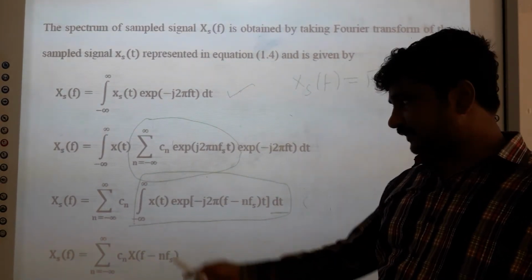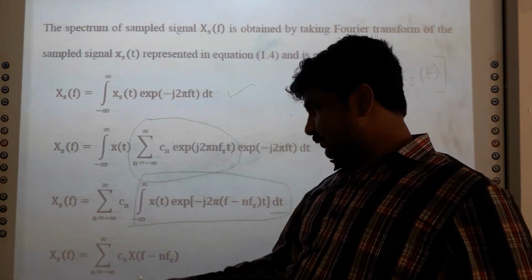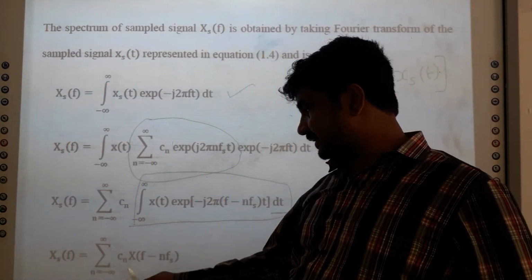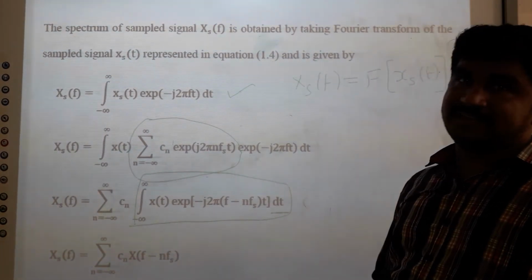Okay, so simply we can write as summation of n is equal to minus infinity to infinity Cn into x of f minus n fs.